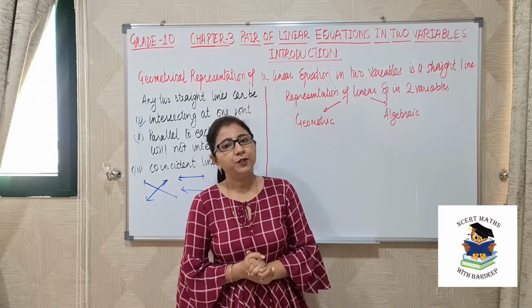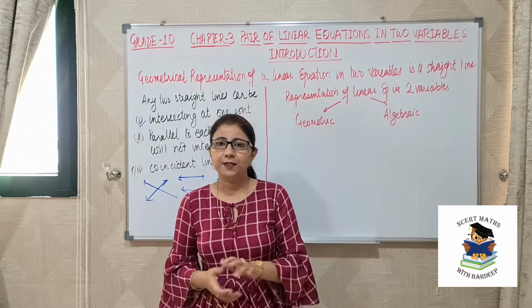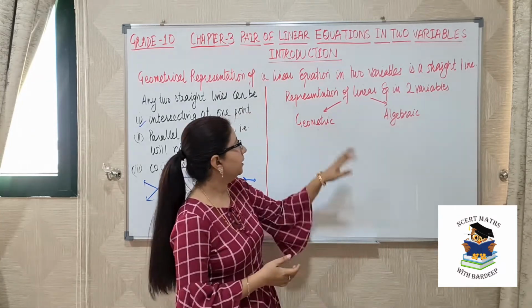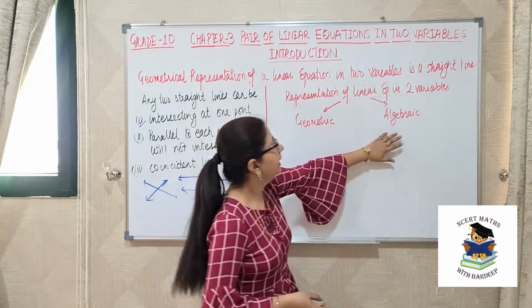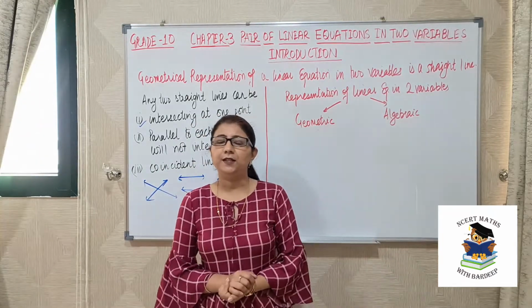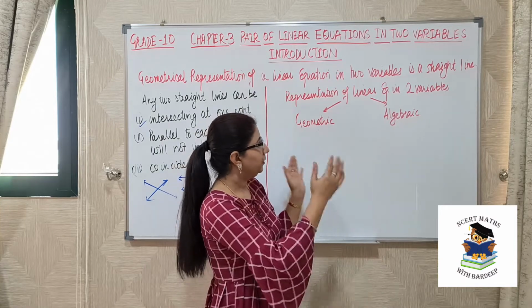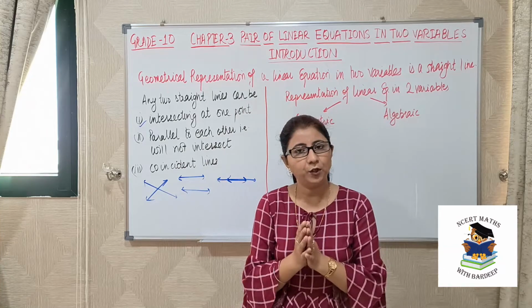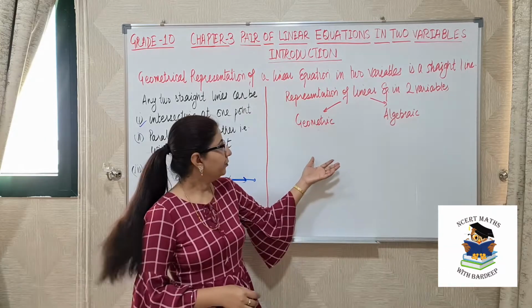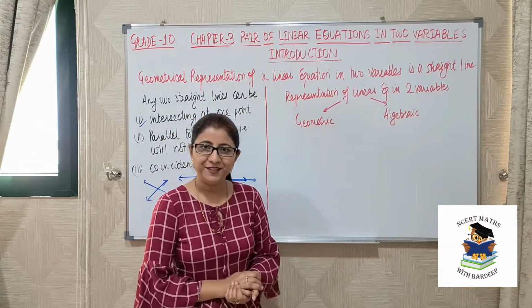So in this chapter, we will study two different representations of linear equations in two variables, that is geometrical or graphical representation, and second is algebraic representation. In both ways, we will study how we can find the solution of the given pair of linear equations. So now let's focus on geometrical representation.